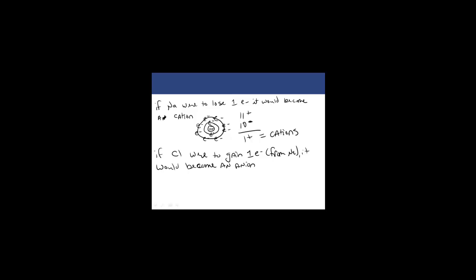If we were to do the math, we know that chlorine has 17 positive protons in the nucleus, and it now has 18 negatively charged electrons in the shell, and that gives you an overall -1 charge, and any negative ion is called an anion.